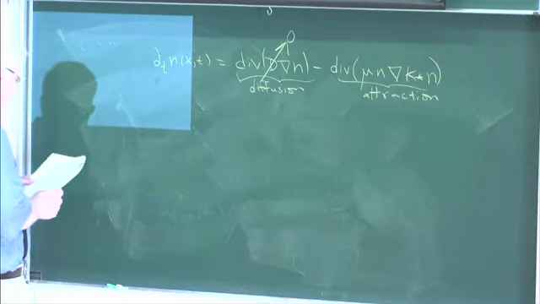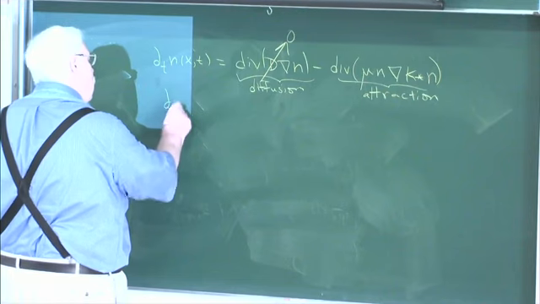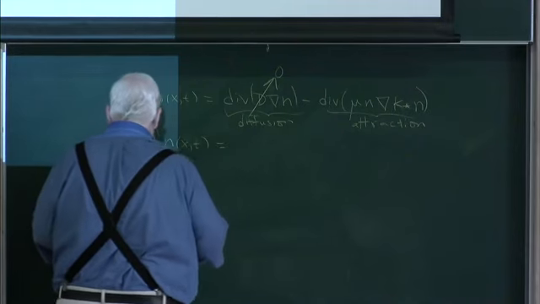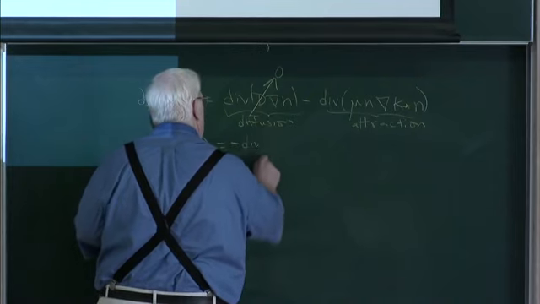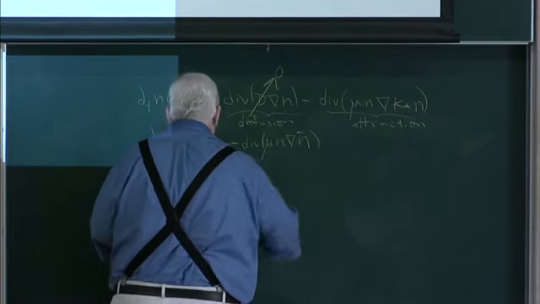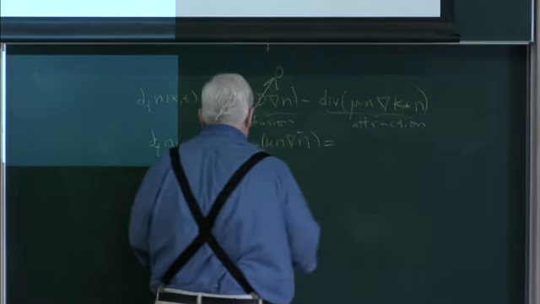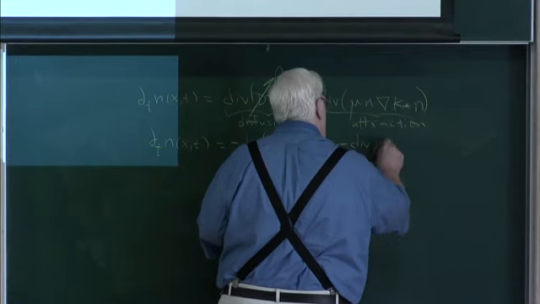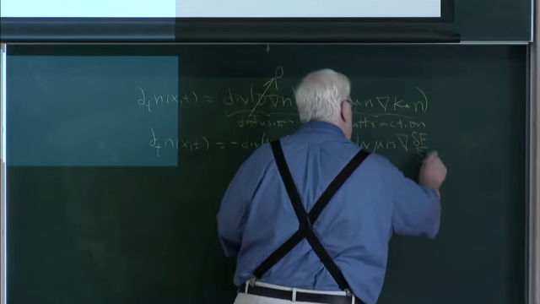So d by dt of n of x and t is now going to be equal to minus div of mu n grad n bar, which is equal to minus div of mu n grad of dF/dn.